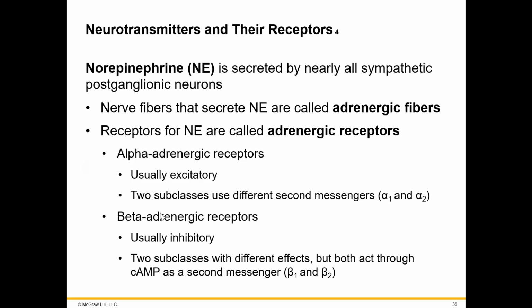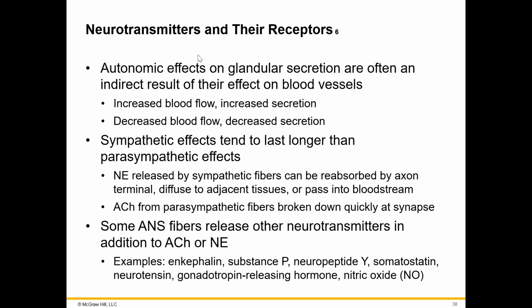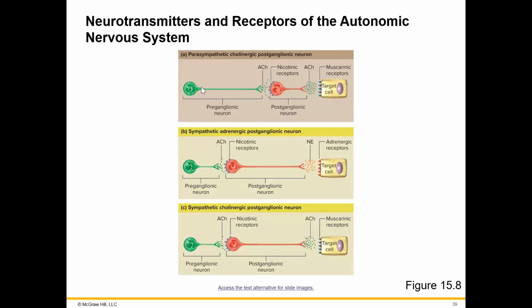These are the adrenergic receptors, alpha and beta. Even though you have 2 adrenergic receptors, they do the opposite. The alpha adrenergic cause excitatory synapses, while the beta adrenergic cause inhibitory synapses. So you see, these are the cholinergic.